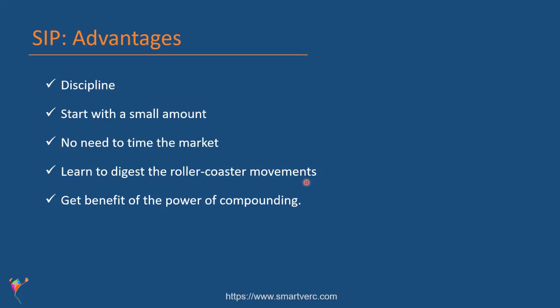So the best part is to do the SIP first. On the first of the month or maybe the second, whenever you get the salary, a fixed amount gets deducted from your bank and you get a lesser amount. So it is a kind of forced saving and it works very well.